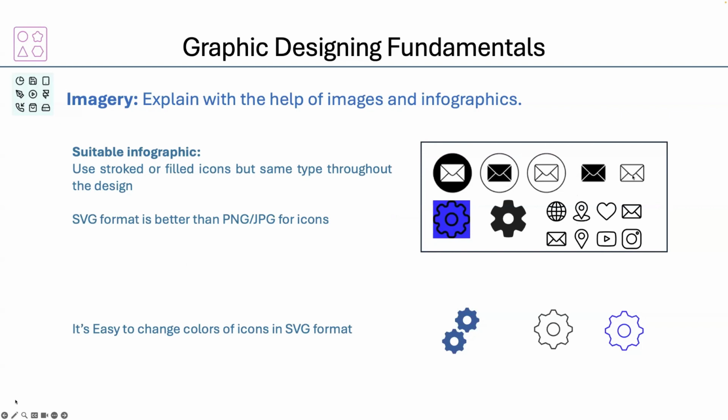These are all messages, but they have different formats. This format is called filled format, and this format is also filled, and this is just lines. Just lines means it is strokes. So this is called a stroke, and these are called filled format of the icons. Similarly, this is filled and these are strokes.